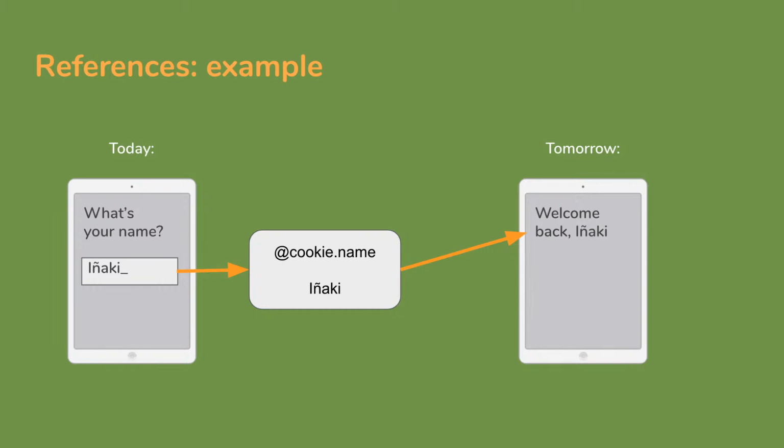Then we can store that name inside a cookie reference, like cookie.name. So tomorrow, when the user opens the app, we can still remember the name that the user entered, because we can get the information from the cookie and put it on the screen. Okay, this is a small example of how it can be used.